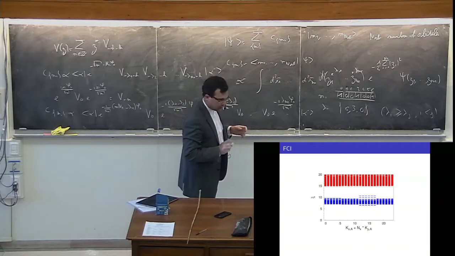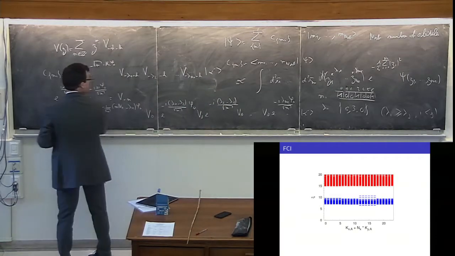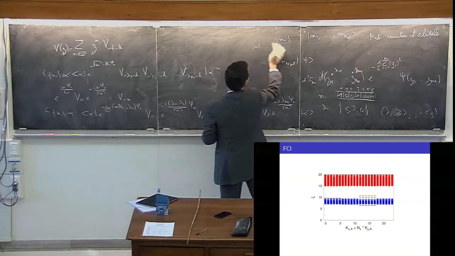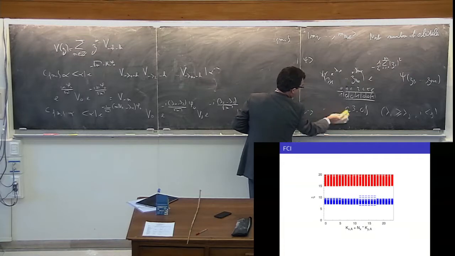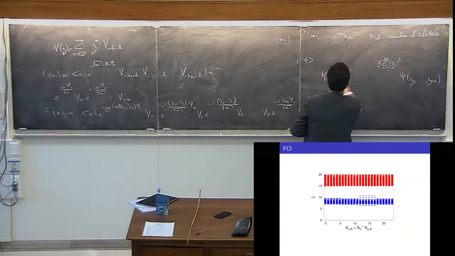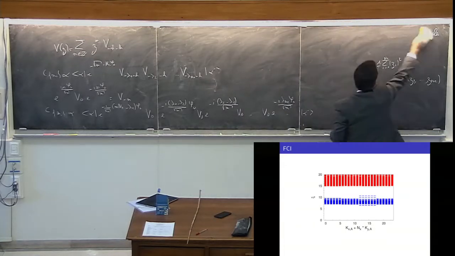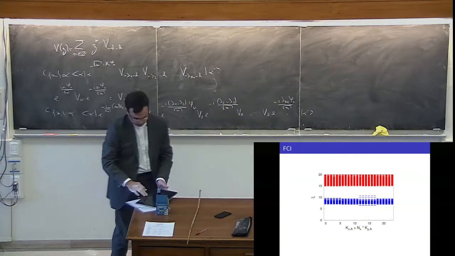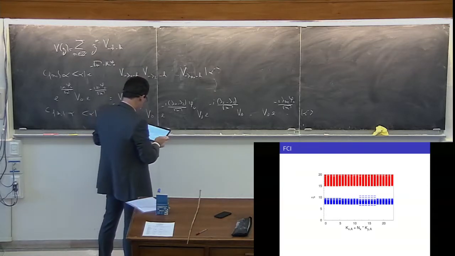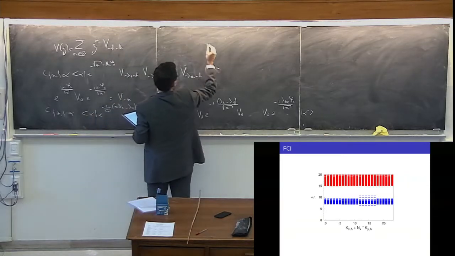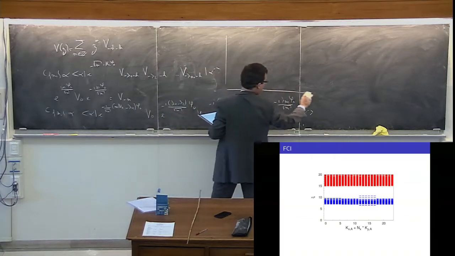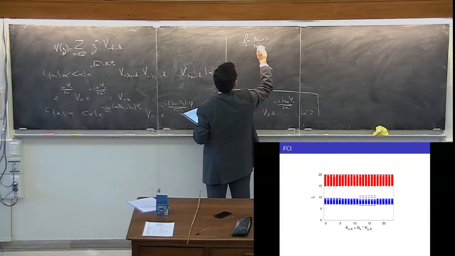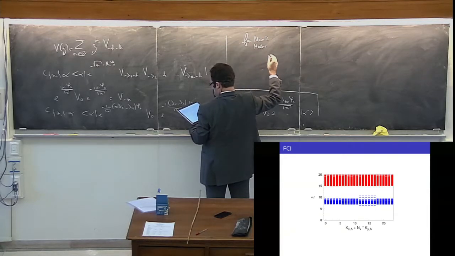As usual, now we have like a big formula, so it's useful to look at a simple case. Let's say you have only two particles. So for n equal to 2, let's take the number of orbitals to be equal to 6.